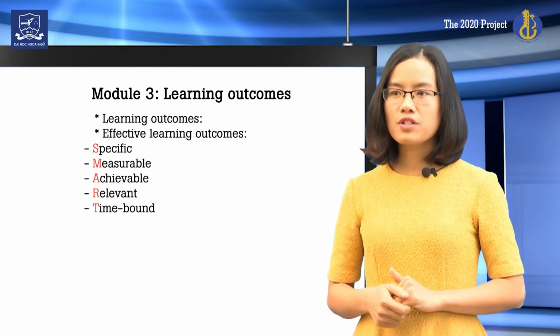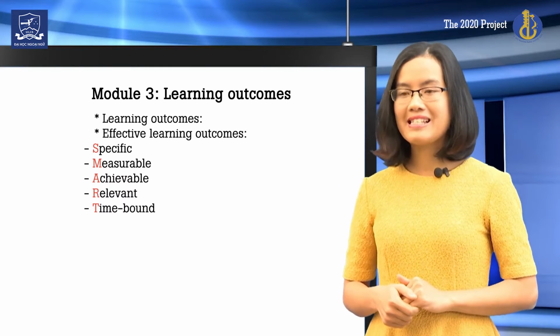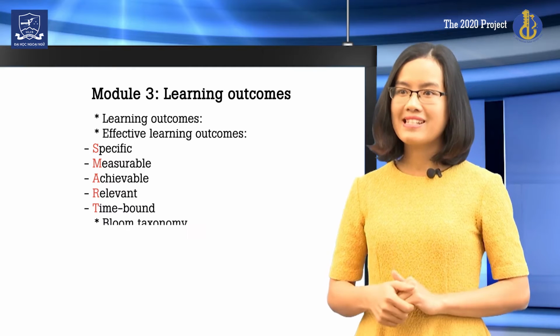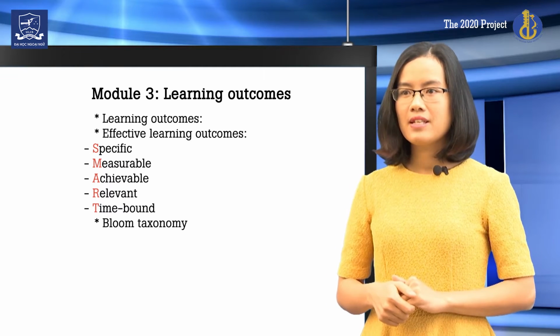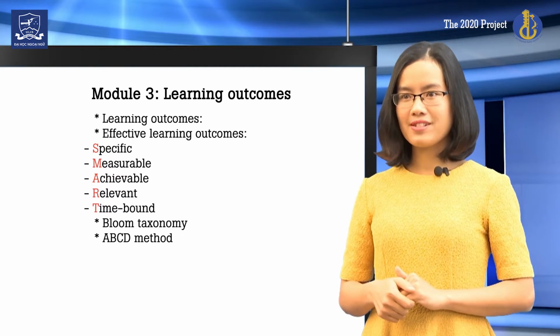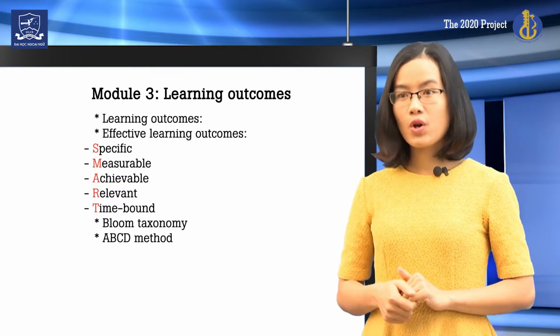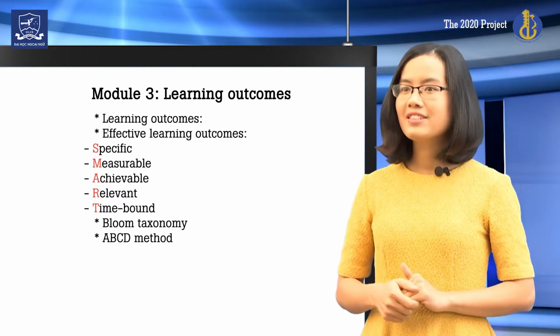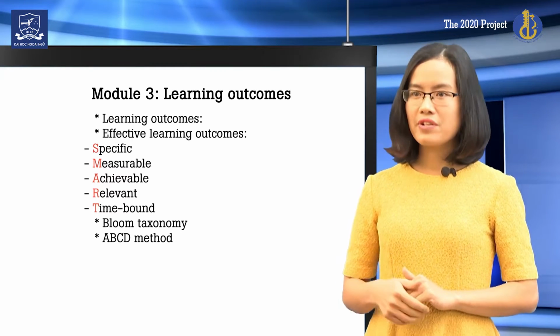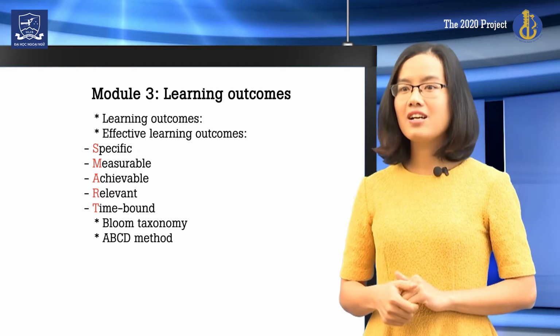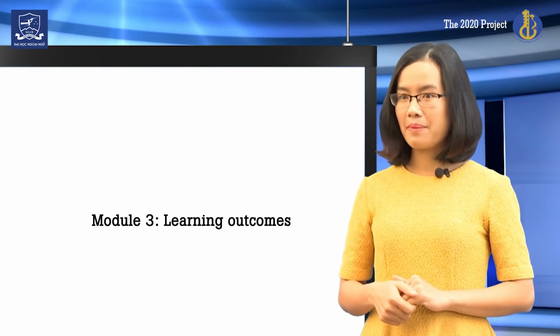A crucial part of strong learning outcomes is action verbs in Bloom's taxonomy. The ABCD method, which involves audience, behavior, condition, and degree, is a specific guideline to effective learning outcomes.